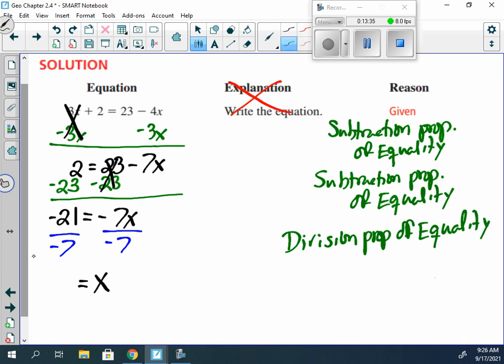And negative 21 divided by negative 7 is 3. So x is equal to 3. Now, if we wanted to, we could technically use the reflexive property of equality and say x is equal to 3 instead of 3 is equal to x. Either way still works. Questions on this here? We good with this here?